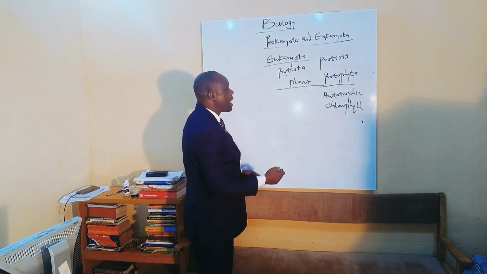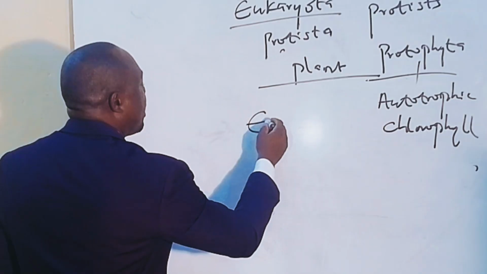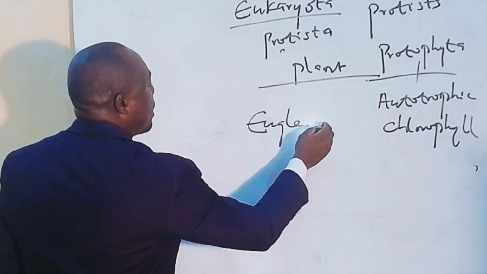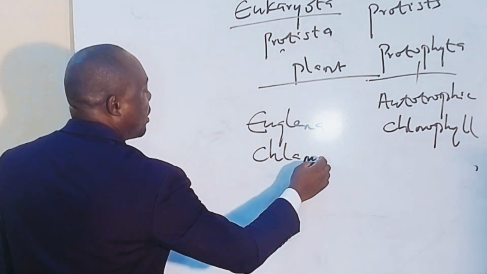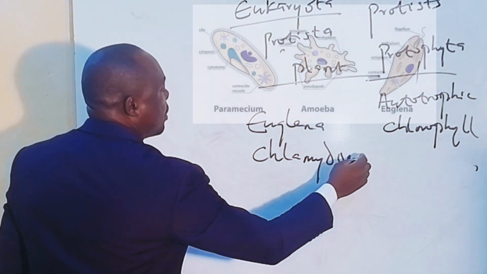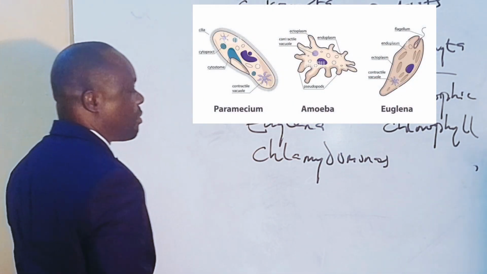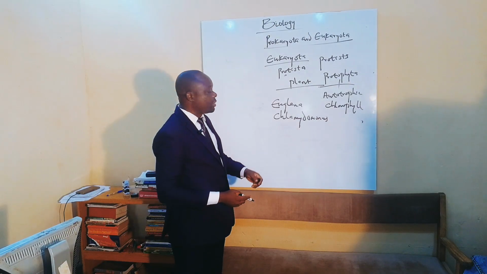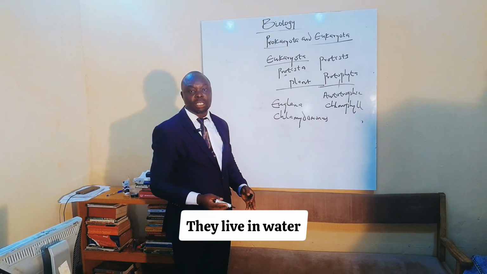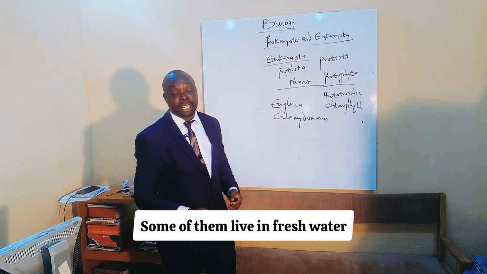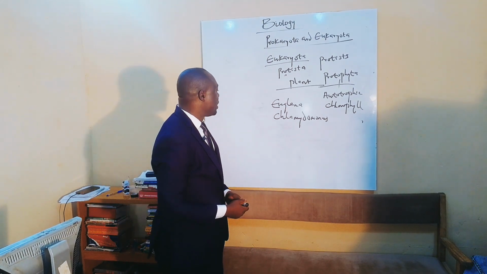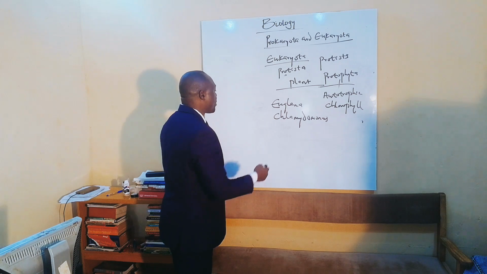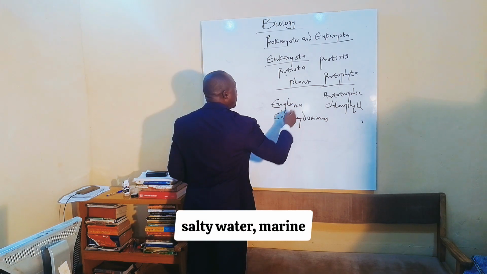Examples of the protophyta here are the Euglena and the Chlamydomonas. They are aquatic. They live in water. Some of them live in fresh water, while some of them live in salty water, marine.